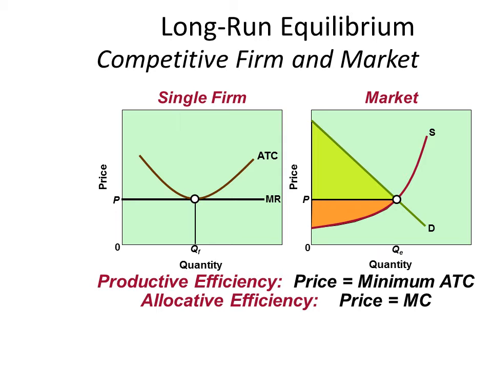Allocative efficiency: price equals marginal cost. Let's look at the marginal cost curve. First, a review. What is allocative efficiency? Allocative efficiency is the proper combination or the correct mix of output that maximizes society's happiness or satisfaction.